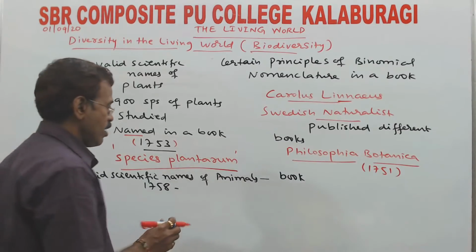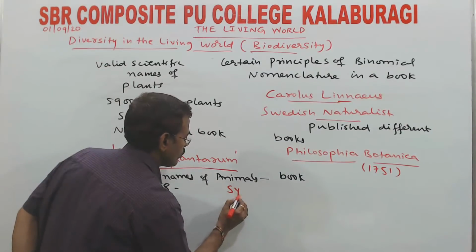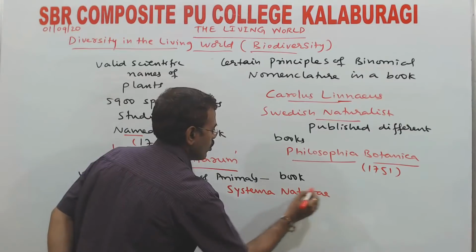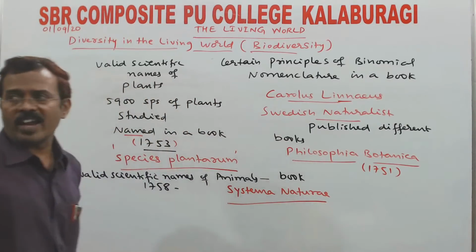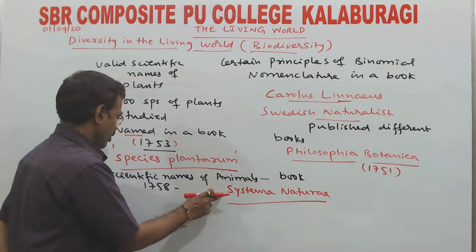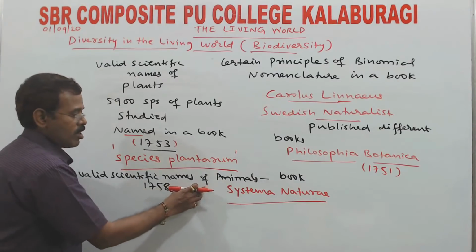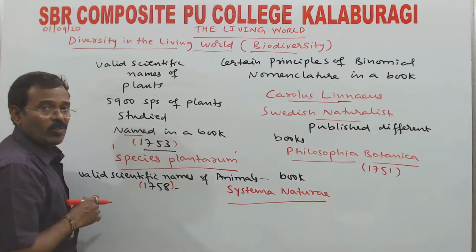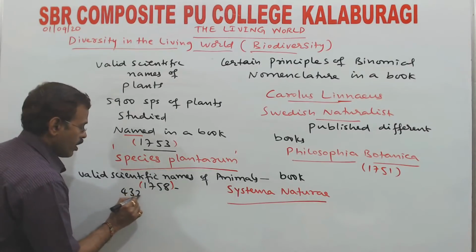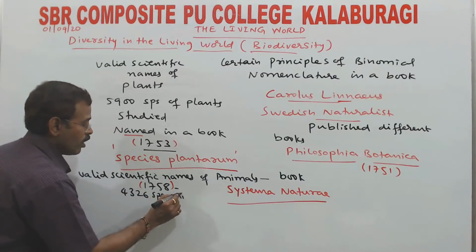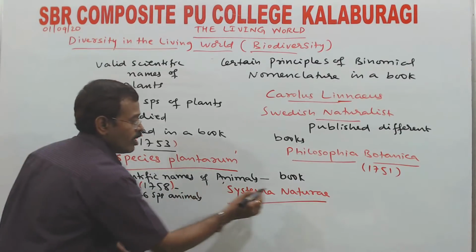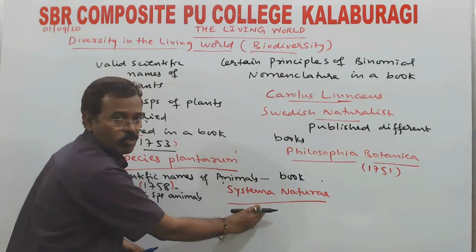That book he named Systema Naturae. Systema Naturae was the book in which he gave the valid scientific names of animals later on, in the year 1758. So he studied around 4,326 species of animals, and he gave the valid scientific names of animals in a book published as Systema Naturae.